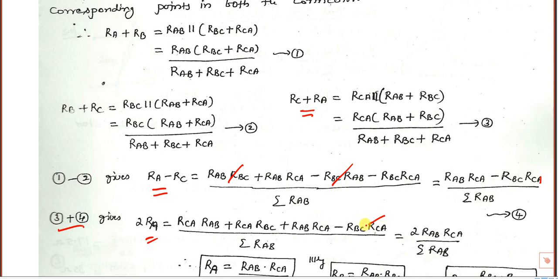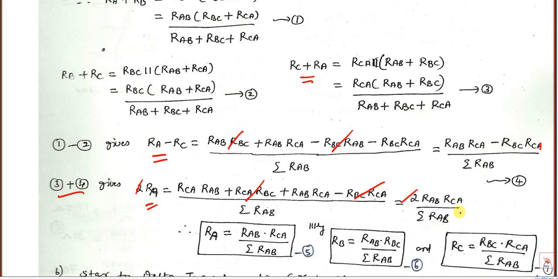Minus RBC RCA will get cancelled with plus RBC RCA. We are left with 2 times RAB RCA. And this 2 cancels with this 2. So RA value is given by RAB into RCA divided by RAB plus RBC plus RCA.